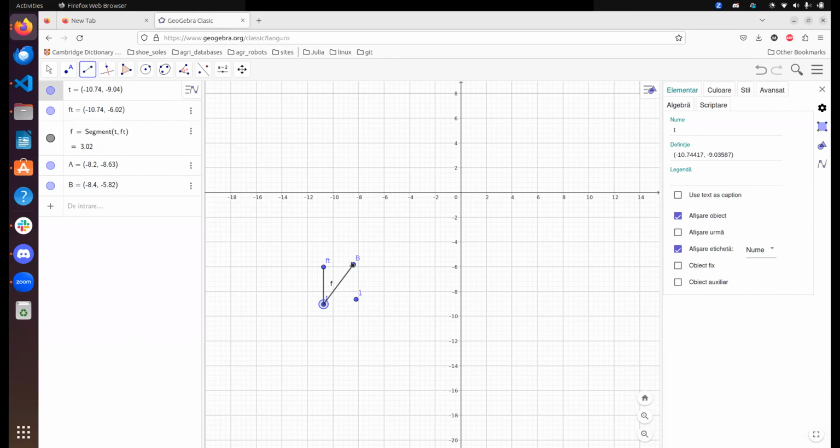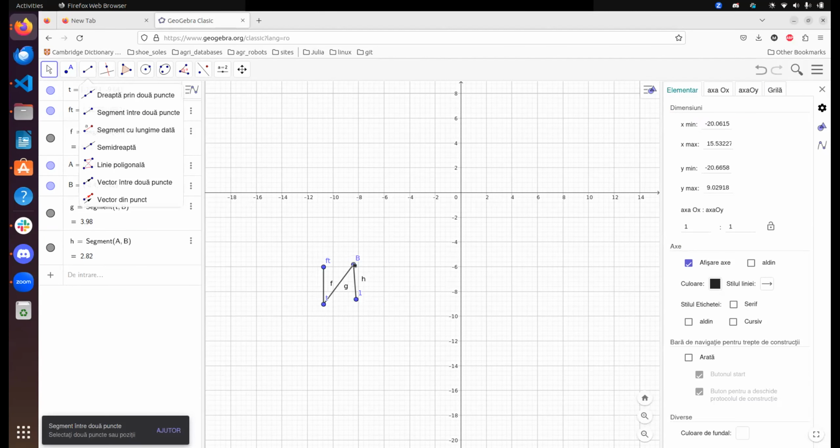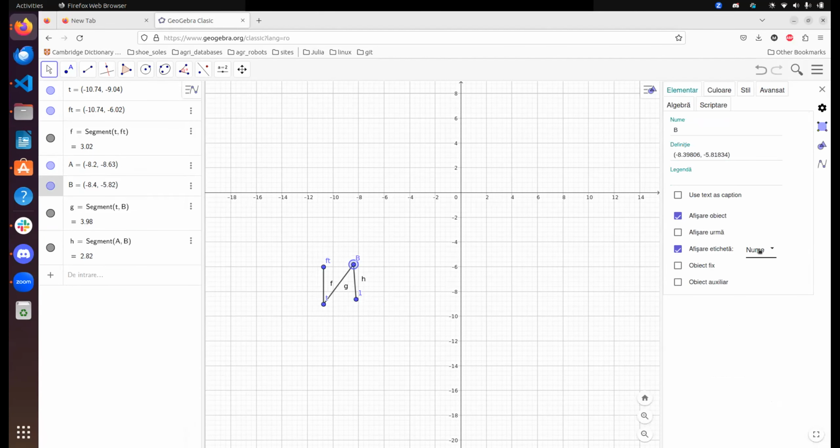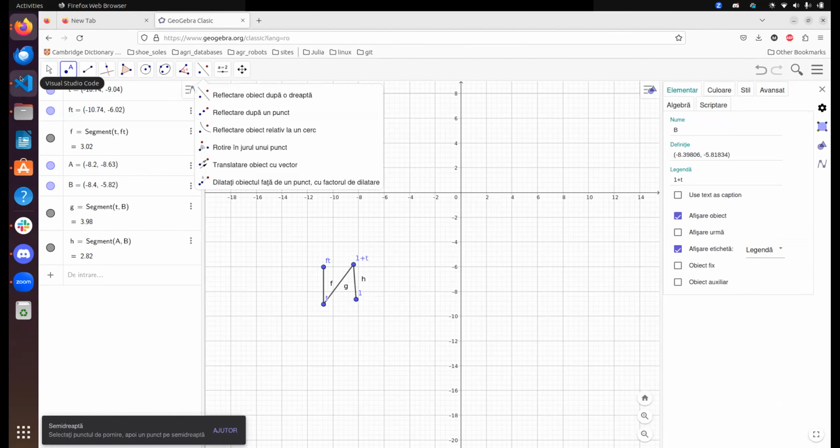And we have another node here, and we have links from this to this, from this to this, and B would be 1 plus T. And then what expression have we had there?